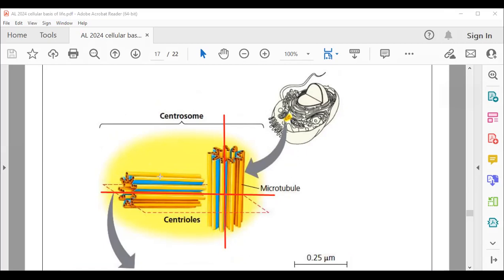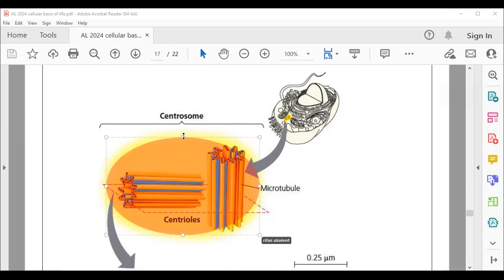Yes, sir. The two axes are perpendicular to each other. In the cytoplasm, the region where you see these centrioles is known as the centrosome.